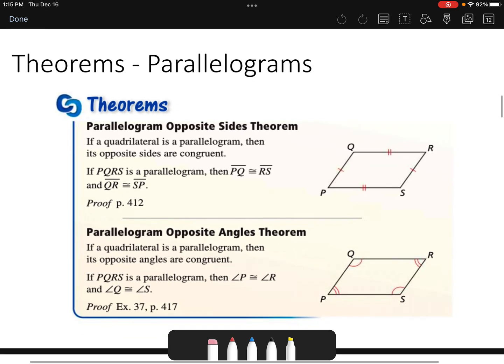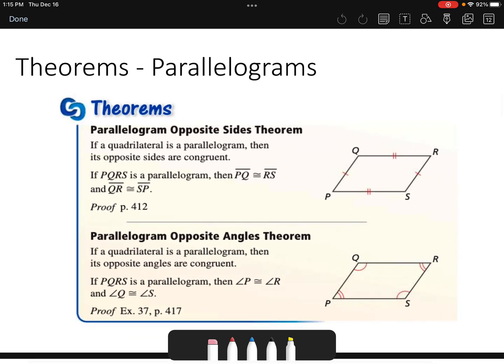Now, because of this, those opposite sides are not only parallel, but they're also congruent. So there are two things about parallelograms that we need to take into account with their sides, and that is that opposite sides are parallel and opposite sides are congruent.